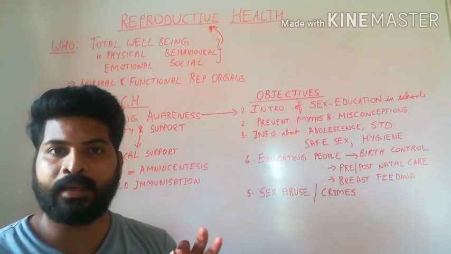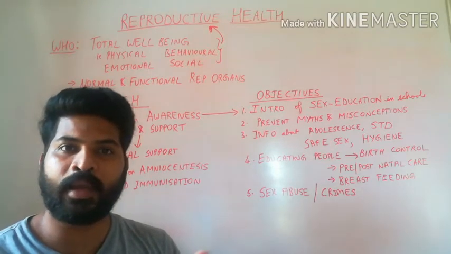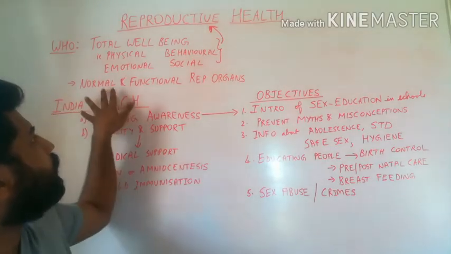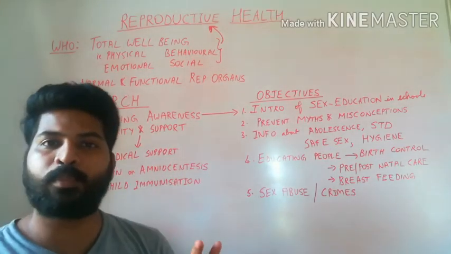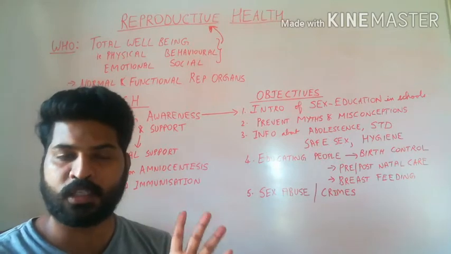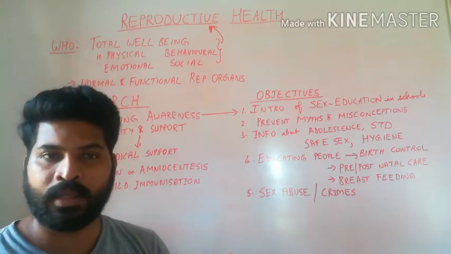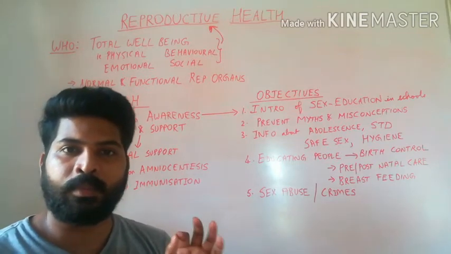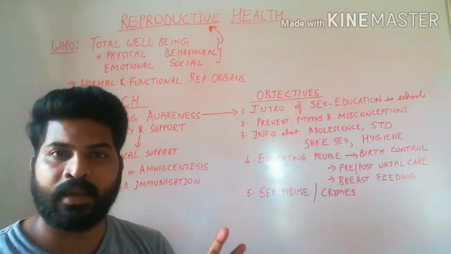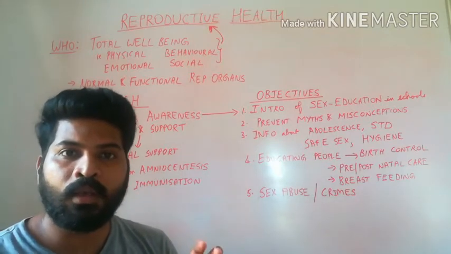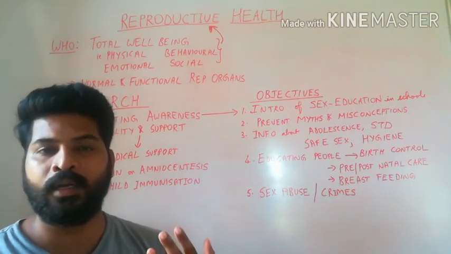reproduction. Simple definition: reproductive health can be defined as when people have normal reproductive organs which are functional. According to World Health Organization, reproductive health can be defined as the total well-being in all reproductive related aspects.